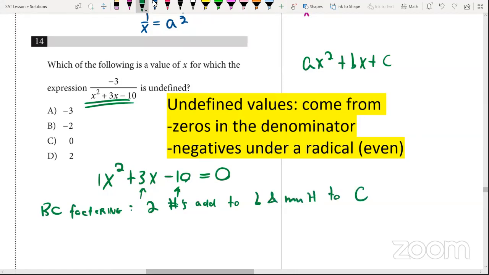So what two numbers add to 3 and multiply to negative 10? Well, first of all, they multiply to a negative number. And when something multiplies to a negative number, that means that it has opposite signs. So for instance, what pair of numbers can multiply to a negative? A positive and a negative, or a negative and a positive. But a positive times a positive will be positive, and a negative times a negative will be positive.